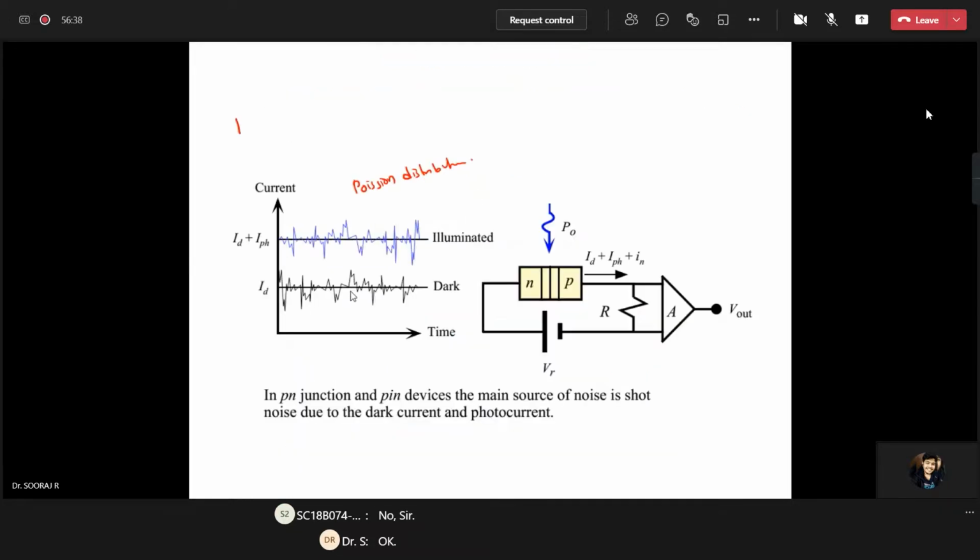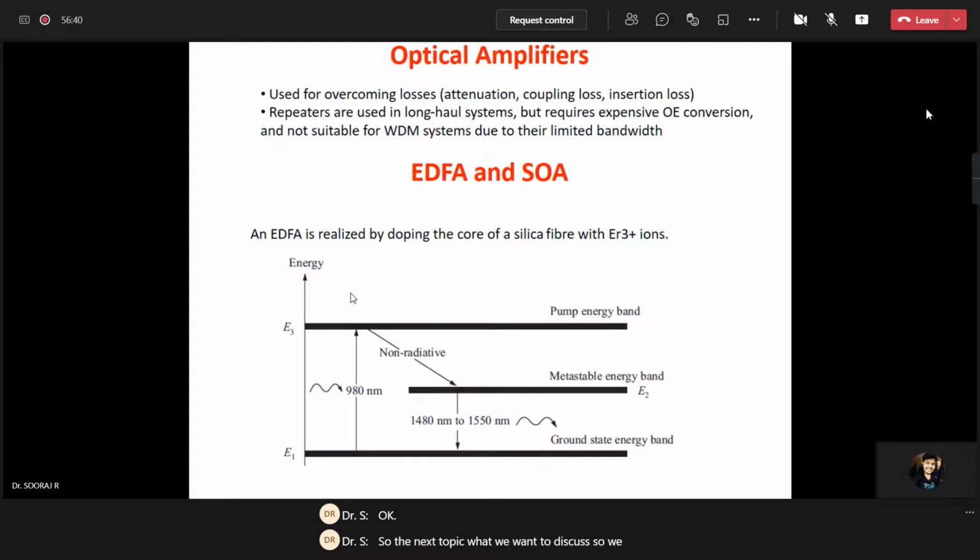So the next topic we want to discuss. We studied about lasers, or optical transmitters. We studied about optical fibers. We also studied about optical receivers. However, the next topic we want to discuss is what is called an optical amplifier, or an optical fiber amplifier.